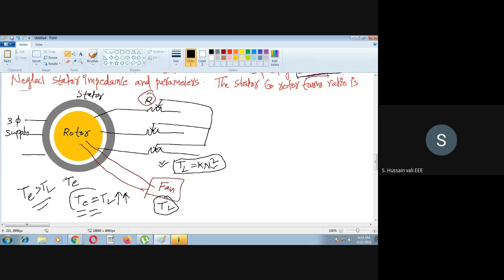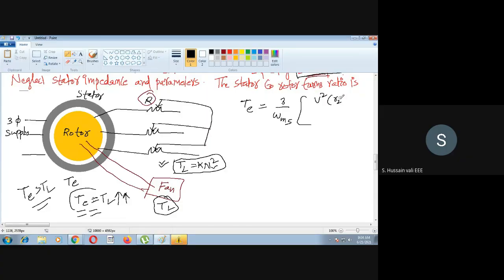Now we would like to write the equation for the electromagnetic torque. You recall the basic equation of the electromagnetic torque. I will write that equation here. If there is any mistake, you can correct it later, no problem. I'm just writing these equations directly from the sources available.